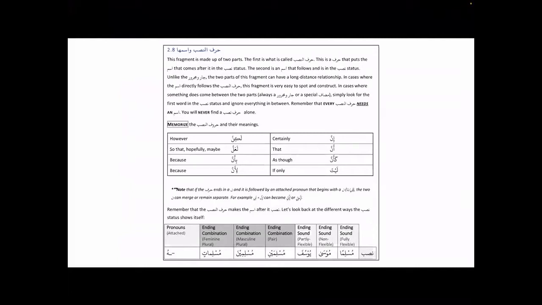So this fragment is made up of two parts. So as the name is telling us, harfu nasab is harf and ism fragment.